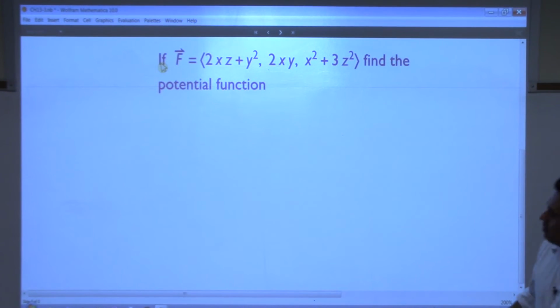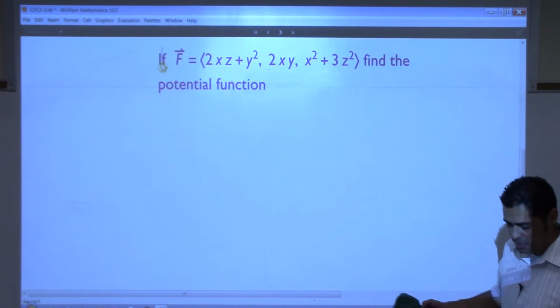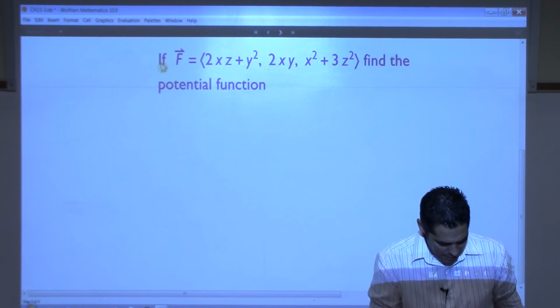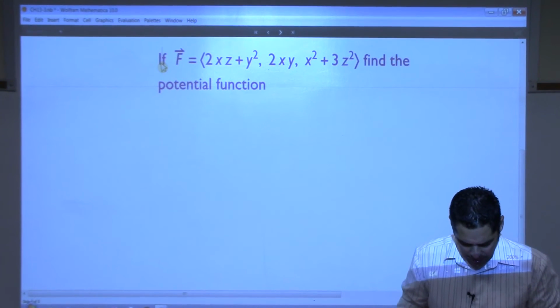Where's my book? I want to do another one. Those didn't seem very hard. Let's see if there's one that gets a little uglier. I think I have the solutions right here. I'm trying to pick one that's going to get ugly so that you can see it happen.